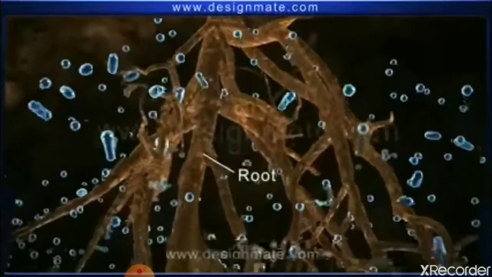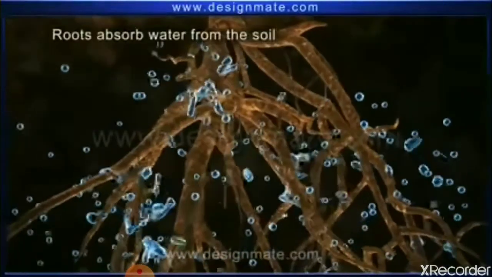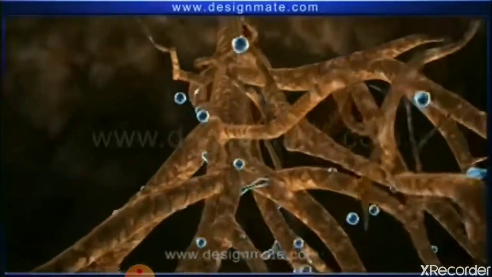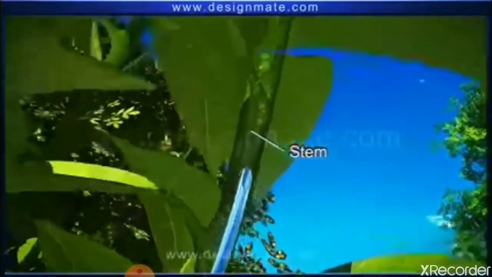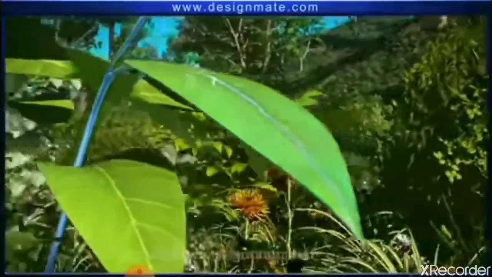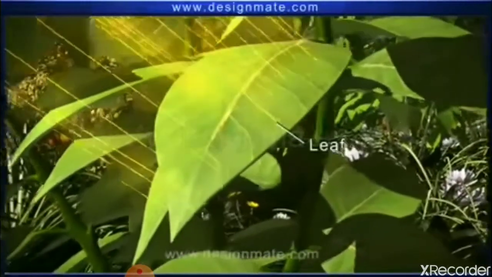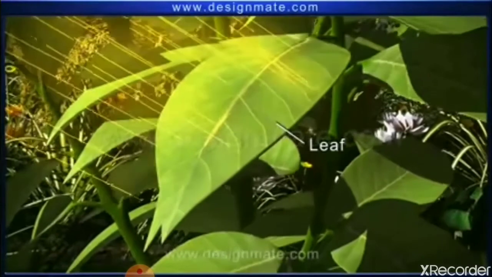Okay, now here's a quick review. So the water from the soil is absorbed by the root of the plant. That water is then transferred to different parts of the plant through specific tubes. When that water reaches the leaf, the leaf at the same time also absorbs the light energy from the sun.